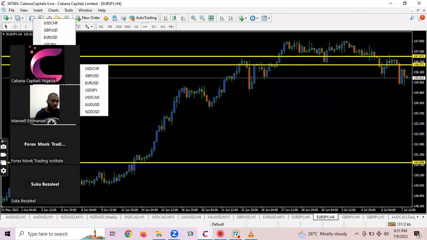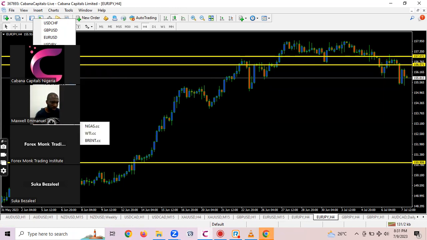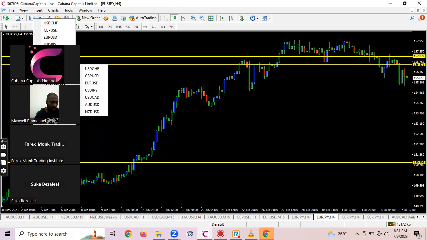Kenny, what's the correlation between GBP NZD and GBP USD? I think they should be positively correlated. If you are not sure, I would advise you don't trade it.